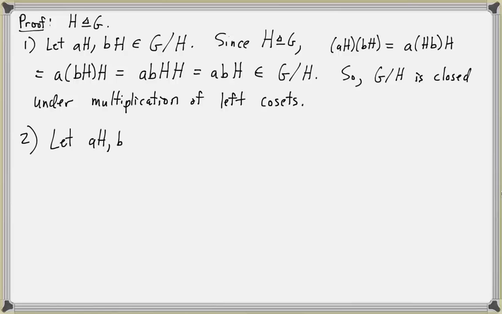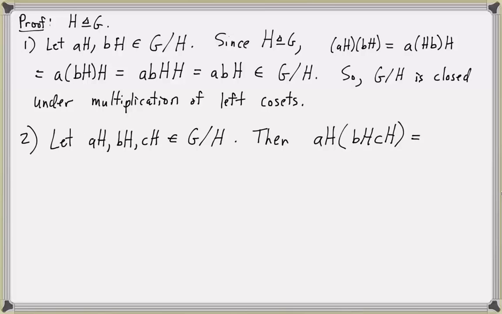So let aH, bH, cH be three left cosets of H. Then if we begin with the product aH times the quantity bH times cH, we can combine bH times cH as bc times H, and then we can multiply these two left cosets and get a times bc times H. Now, by the associativity of the group operation in G, we can write this as ab times c times H, which we can break up as abH times cH.